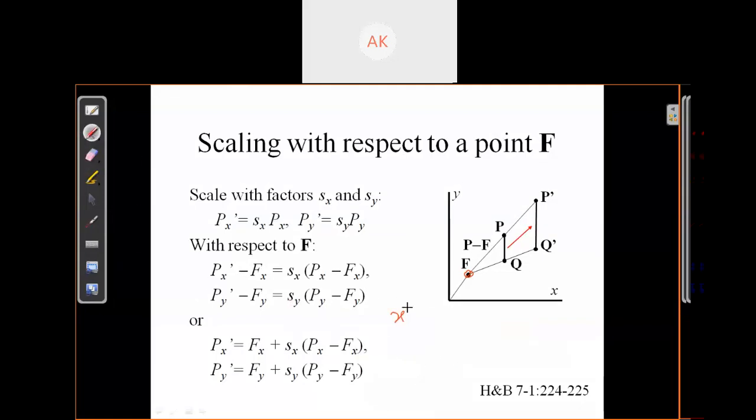The fixed point coordinates are xf and yf.